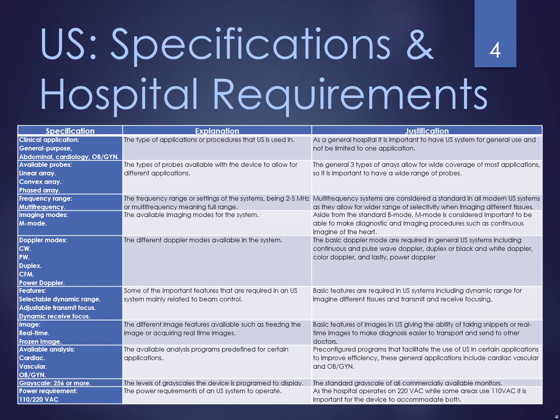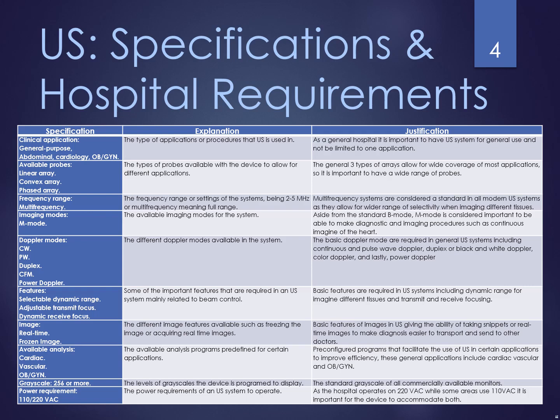We also look at some of the required or necessary features, such as the dynamic range, the selectivity of the dynamic range to differentiate different tissues at different levels. We also have the transmit and receive dynamic focusing. We also look at some of the image features, such as real-time imaging and freeze image feature, and then some available analysis programs that are pre-configured in the device, such as a cardiac program, a vascular, and gynecology program.